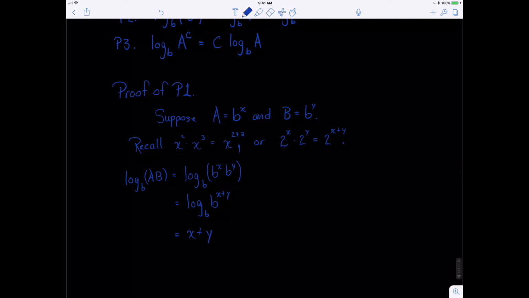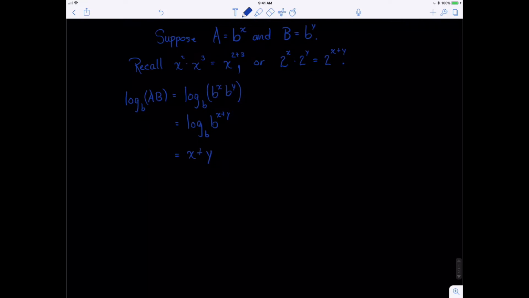Okay, now remember, let's look at what we did. Here we said that A is equal to b raised to the x. If that exponential is true, then we can also say that the log in base b of A is equal to x. And we have one more.